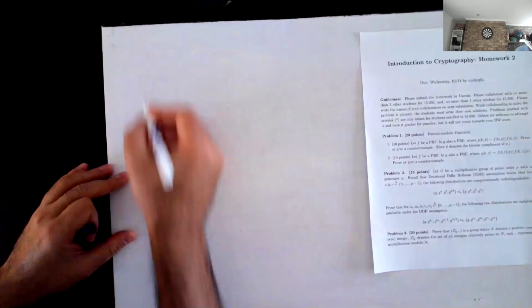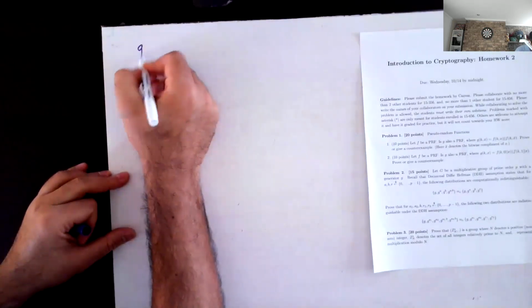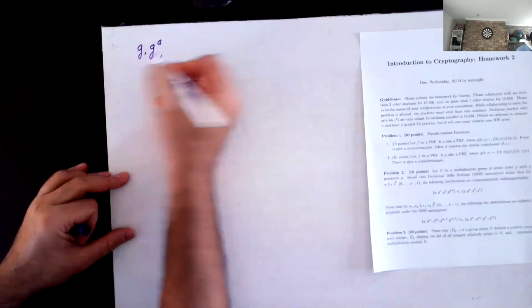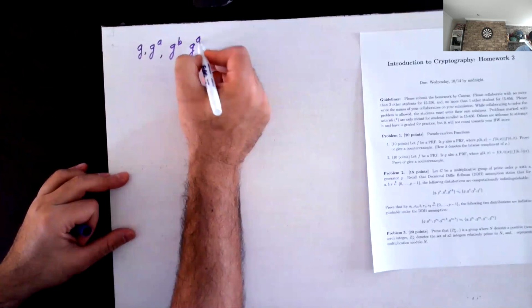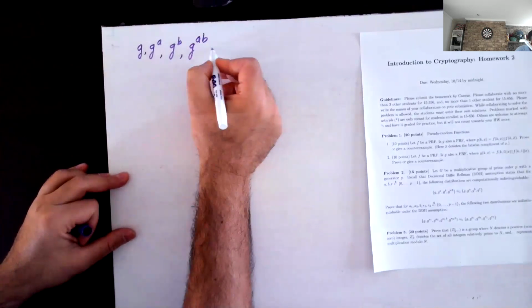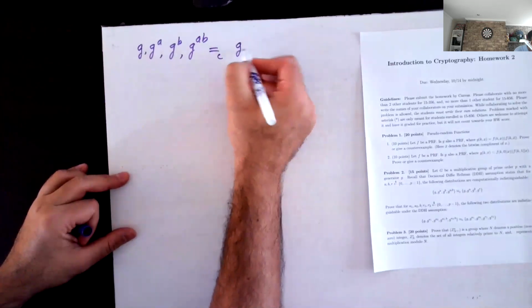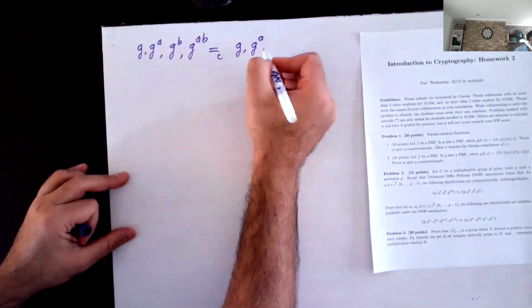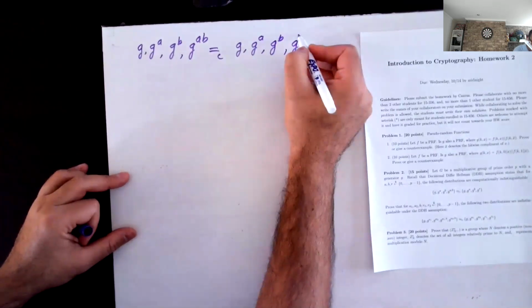So for now, let's just start with the DDH problem. g to the power b, g to the power ab is computationally indistinguishable from g to the power r.